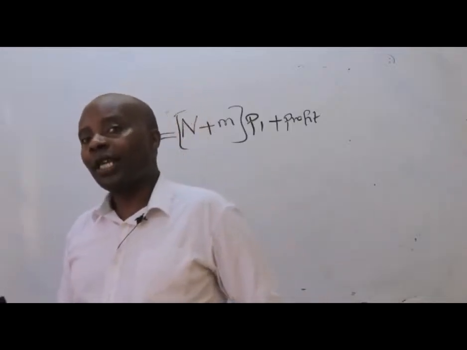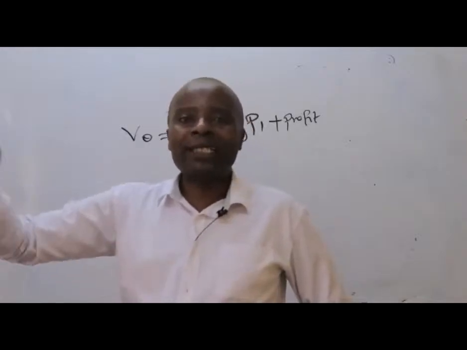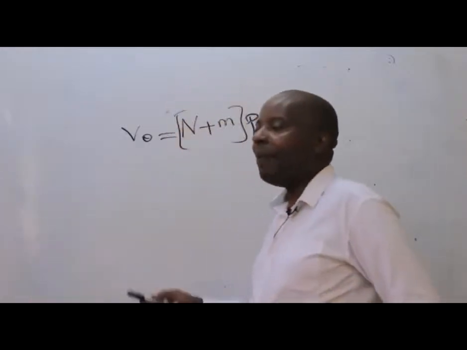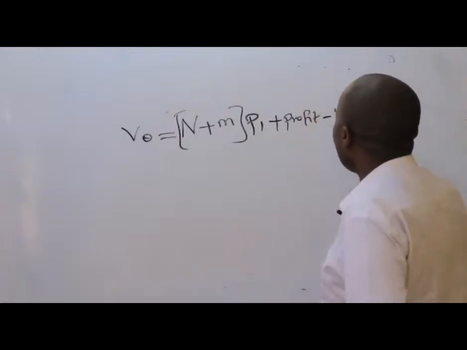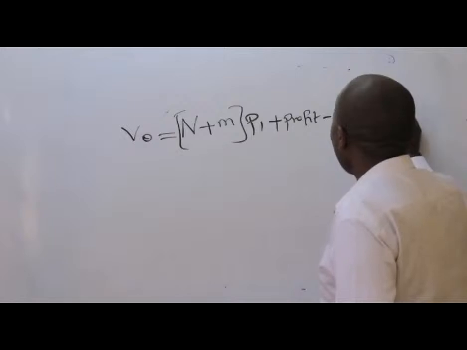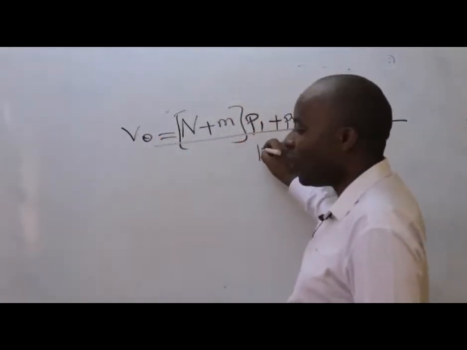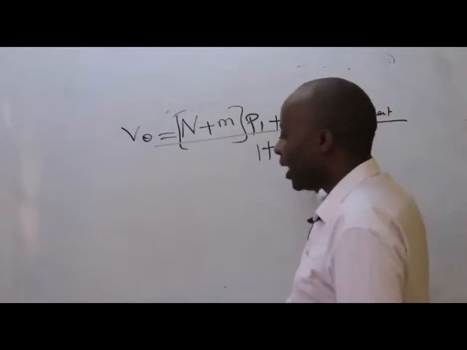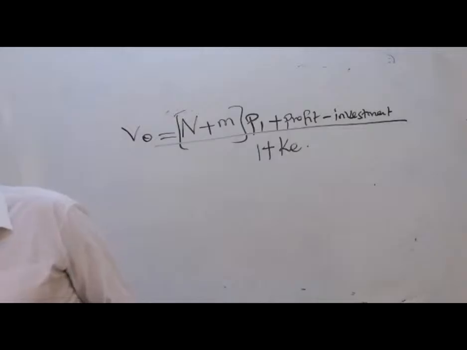You can only realize something out of it gradually as we progress. But otherwise, according to them, immediate investments we are making will always reduce firm value. And then you come and give us 1 plus KE down there.